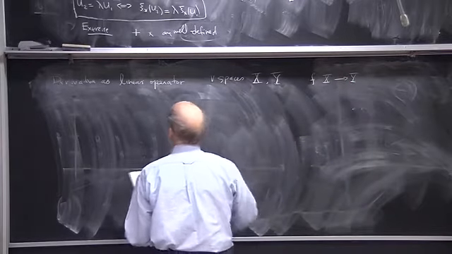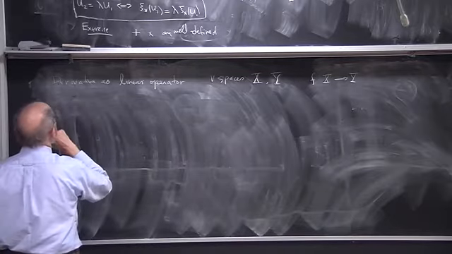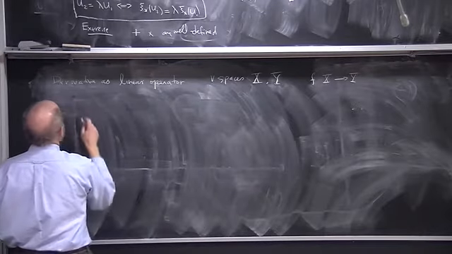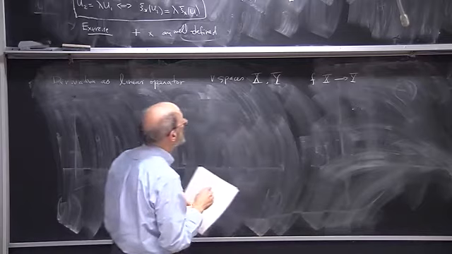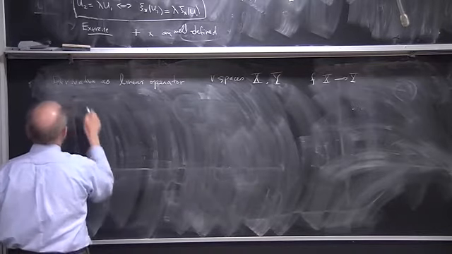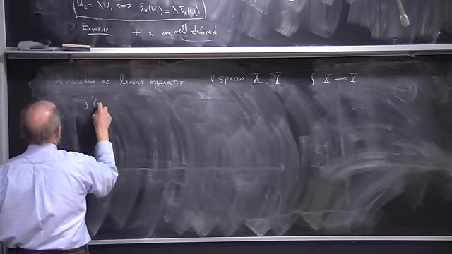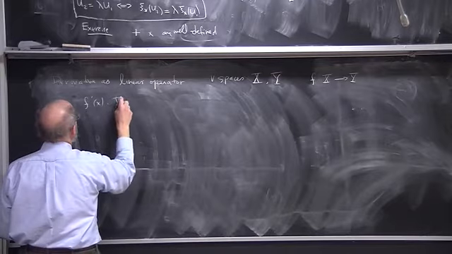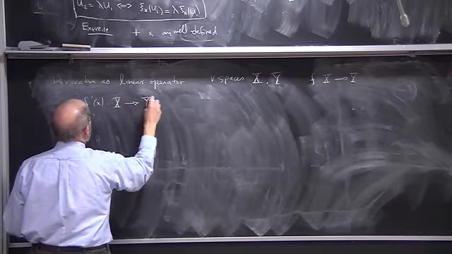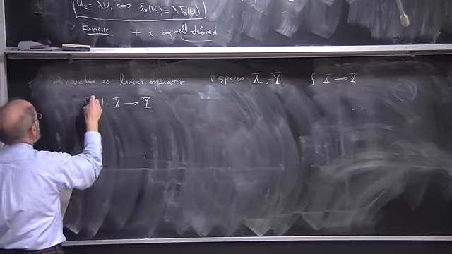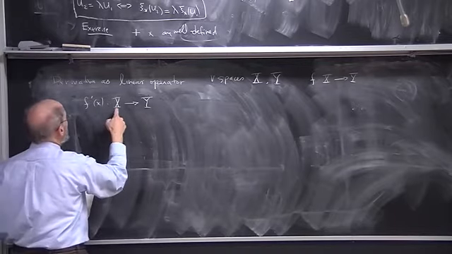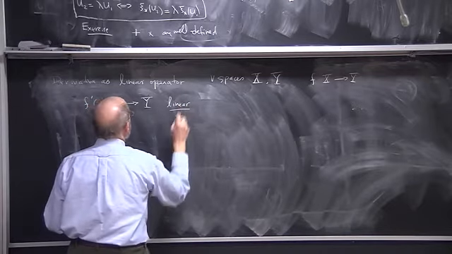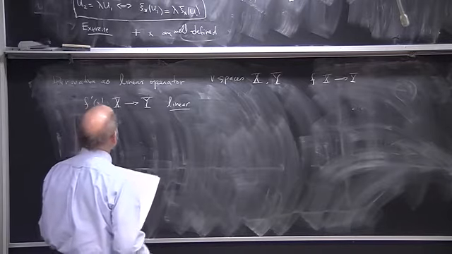As I said before, when we say that map is differentiable at some point x, what we're saying is it can be approximated, in a sense, by a linear map near x. Another way of saying that is that there's a map f prime of x, which we call the derivative of f at x. That's also a map from X to Y, but it's not any old map, it's a linear map.